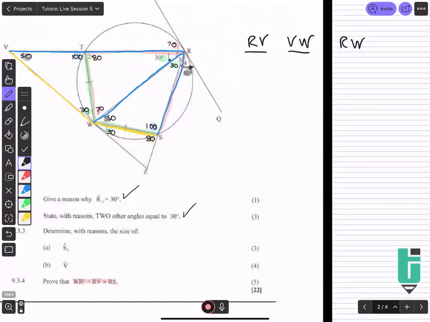And then you choose the sides in the other triangle which correspond to them. The way you know they correspond is that they're opposite the same angle. So RV is opposite which angle in the big triangle? The 100 degrees. It's opposite 100. And Ayan, what's opposite 100 in the small triangle?